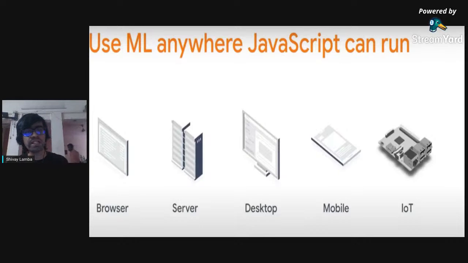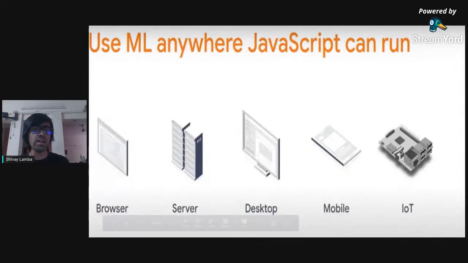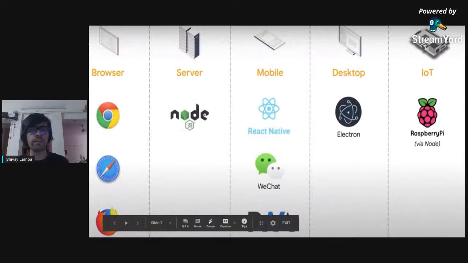So, by providing support for machine learning with JavaScript, you can now access these machine learning models on all of these different platforms, like, as I've already said, the browser, server, desktop, mobile, IoT, and this gives you an example of the extent that we are looking at.